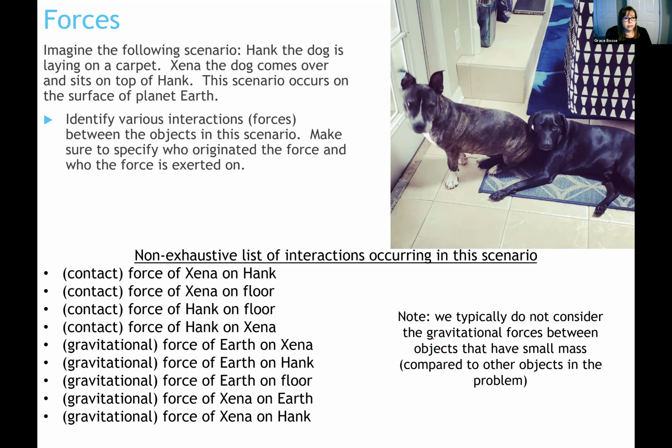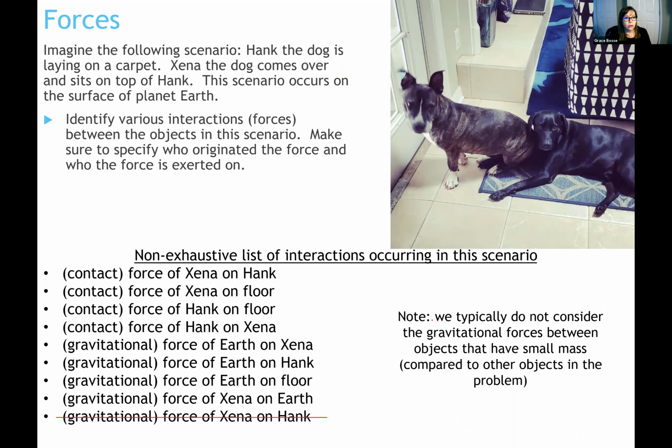I will give you one note here. Typically, we don't bother to consider the gravitational forces between objects that have small masses. The force of Xena on Hank is so small compared to the gravitational force of the Earth on Xena or Xena on the Earth.